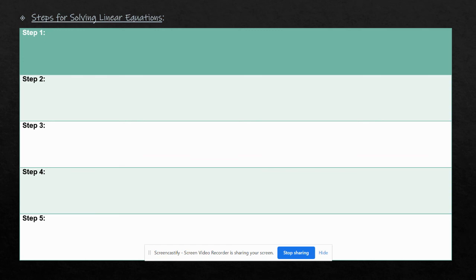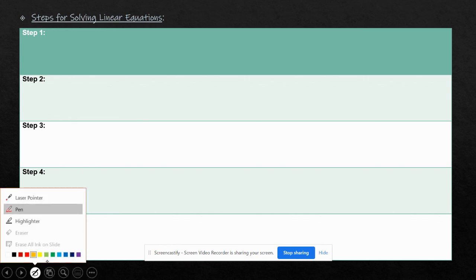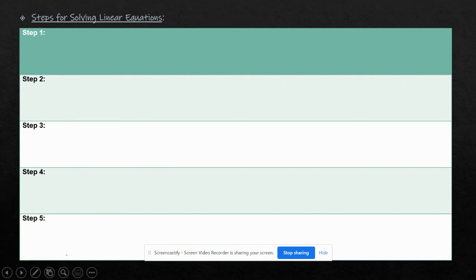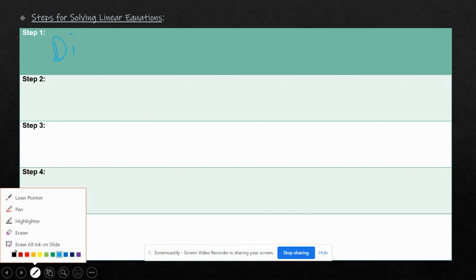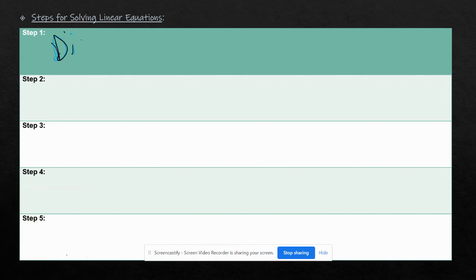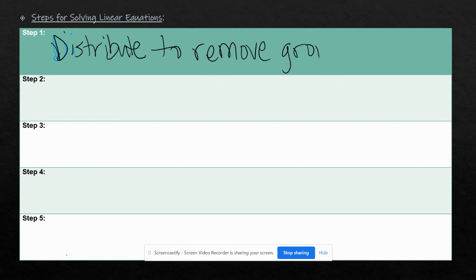And on our last page, we have steps for solving linear equations. Step 1. Distribute to remove grouping symbols.